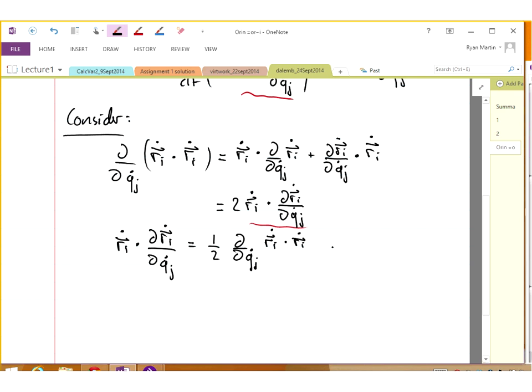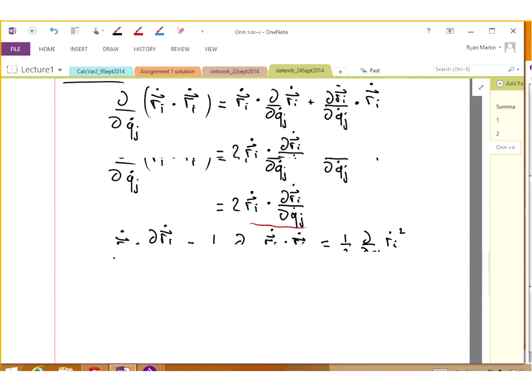And of course, a vector dotted with itself is just the norm of the vector squared. So that's just a half of ∂/∂q_j dot of r_i dot squared, where I've used that r_i vector dot with r_i vector dot is equal to r_i dot squared, the scalar.